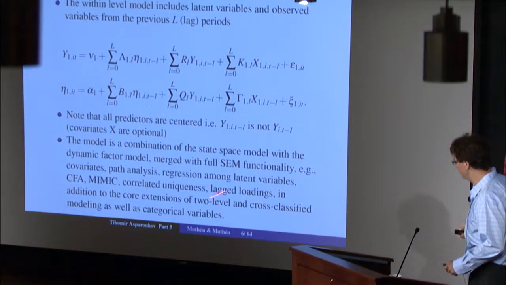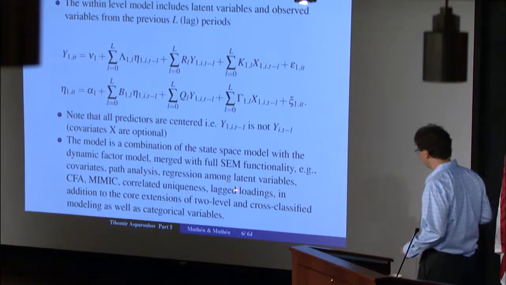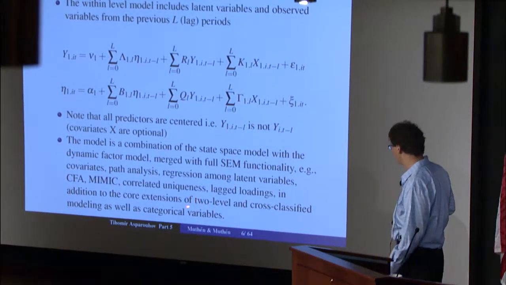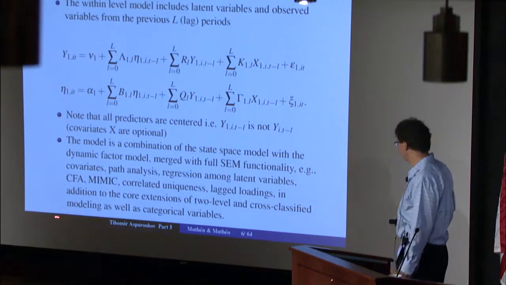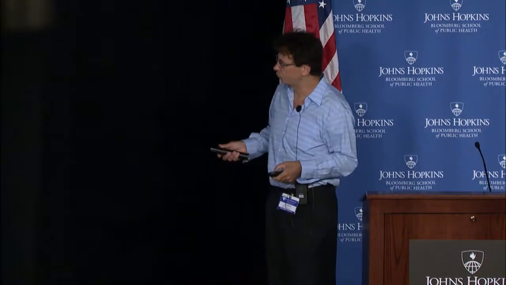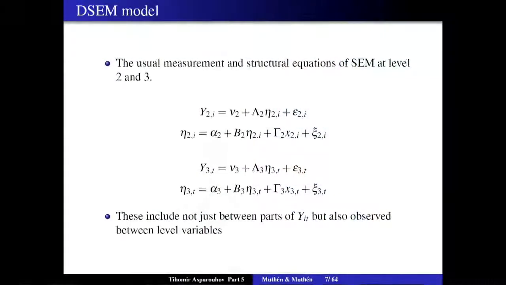And then in addition to this main generalization on the within level, we of course add the core extensions of two-level modeling, cross-classified modeling, as well as categorical variables. On level 2 and level 3, the level for the individual effects, we just have the standard structural equation models, and same on the time-specific levels.